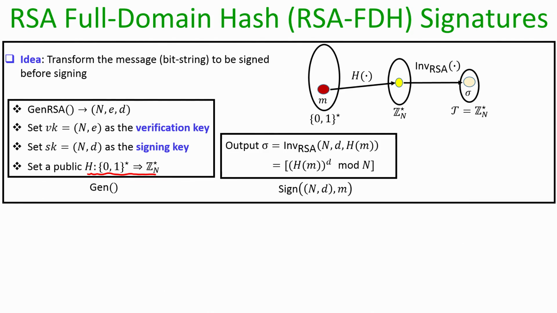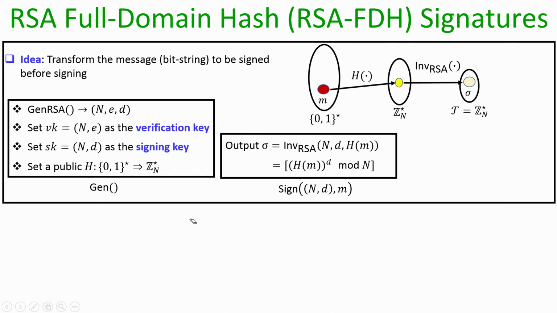And now to compute a signature on the message M, which is an arbitrary length bit string, we first compute H of M, that means we map the bit string M to an element of Zn star, and then we compute the inverse RSA function on H of M, namely we compute H of M raised to the power d modulo n, that is our signature.